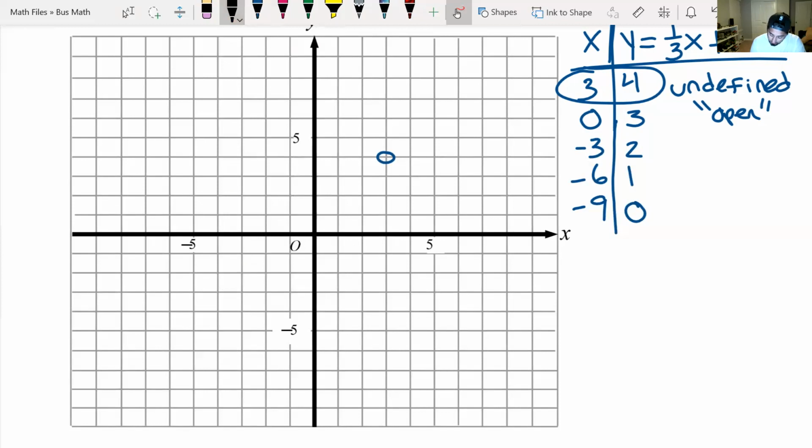And then 0, 3, and then -3, 2, and then -6 and 1, and then -9 and 0. So here's what we look like. That's what the first part of our piecewise function looks like.